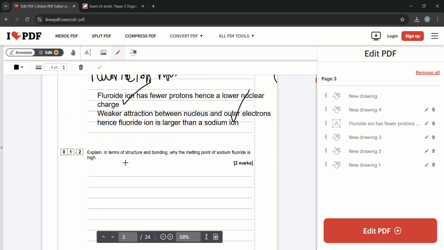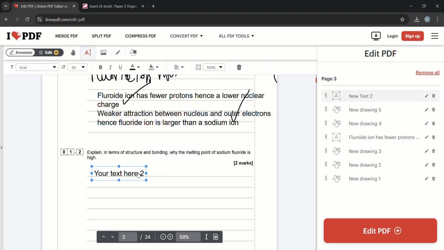1.2. Explain in terms of structure and bonding why the melting point of sodium fluoride is high. We're just going to talk about the ions, right?